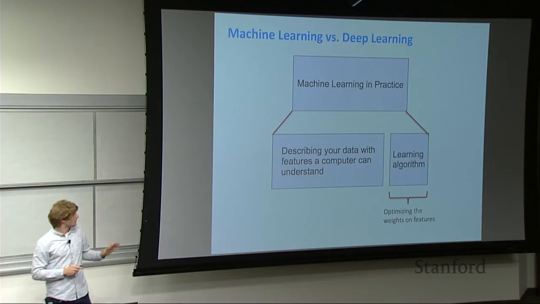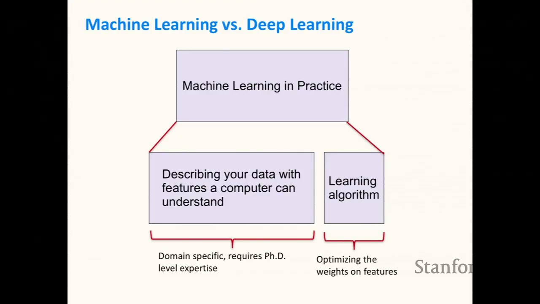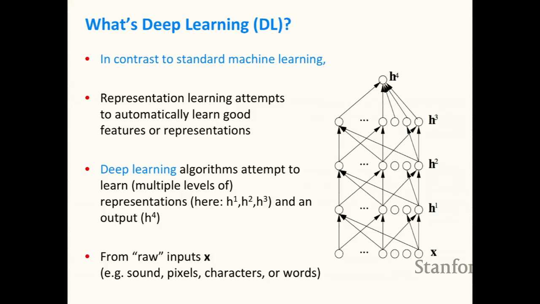And what is now exciting is that with deep learning, we can actually try to capture that whole space from start to finish with ideally as raw of an input as possible. So what is deep learning now in contrast to this standard machine learning approach? In many ways, we want to learn the representations, these features, as part of our learning algorithm. So deep learning will attempt to learn multiple levels of these representations.